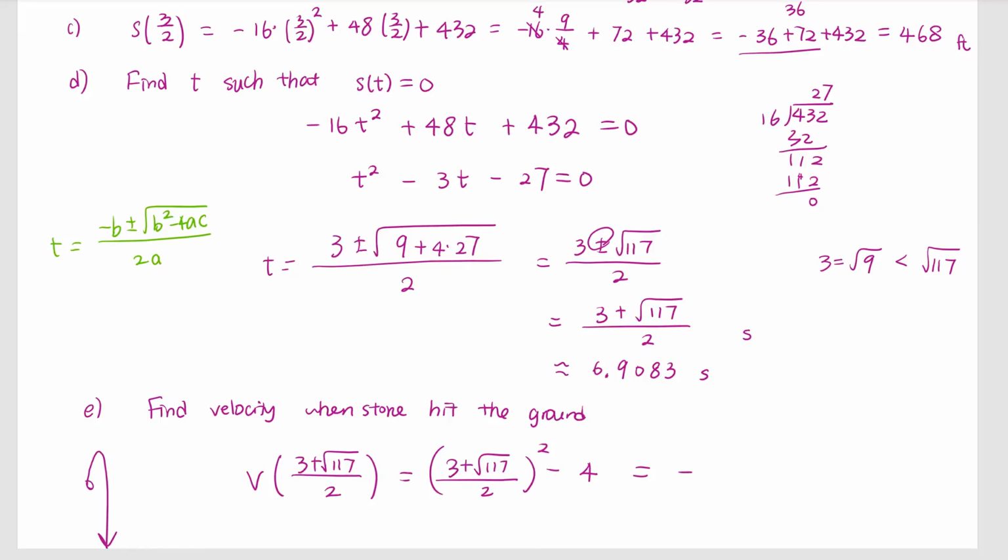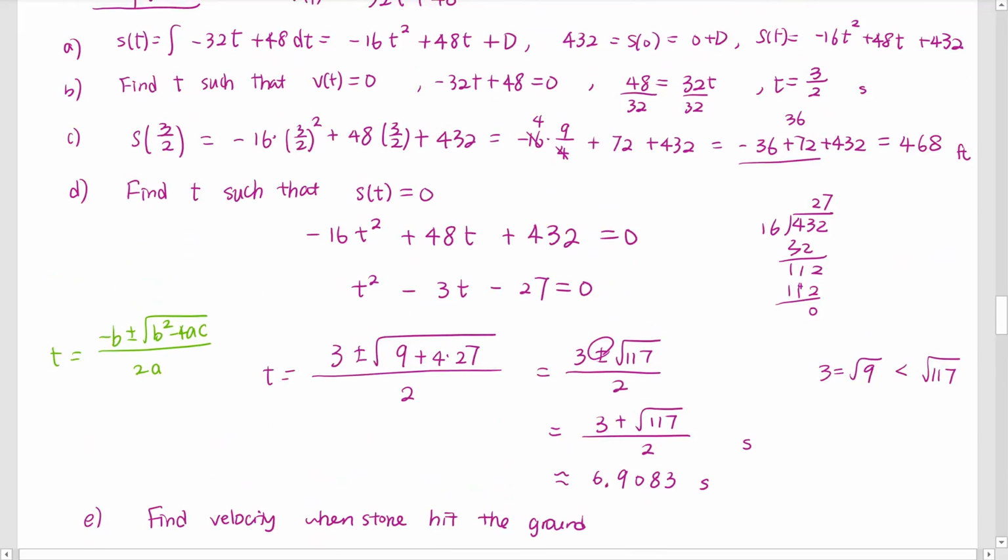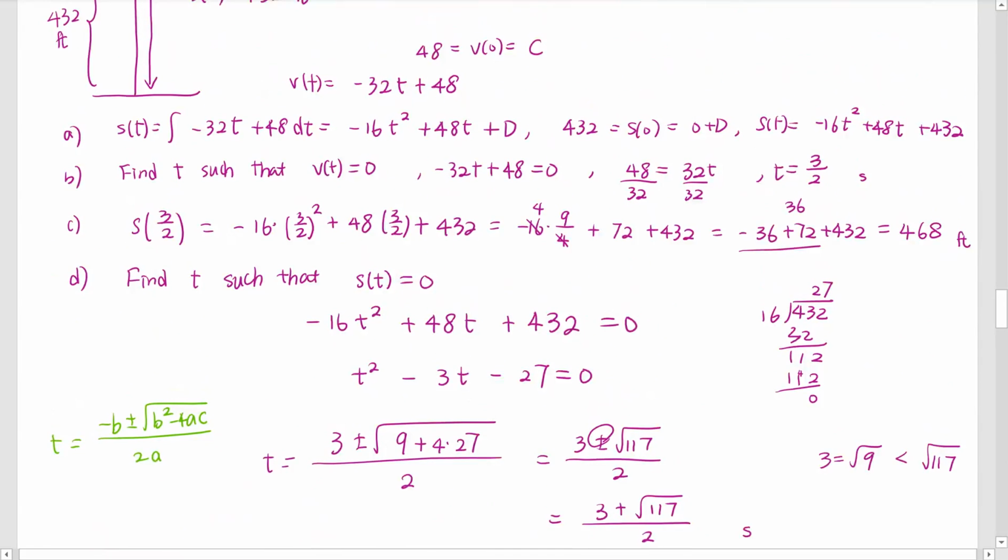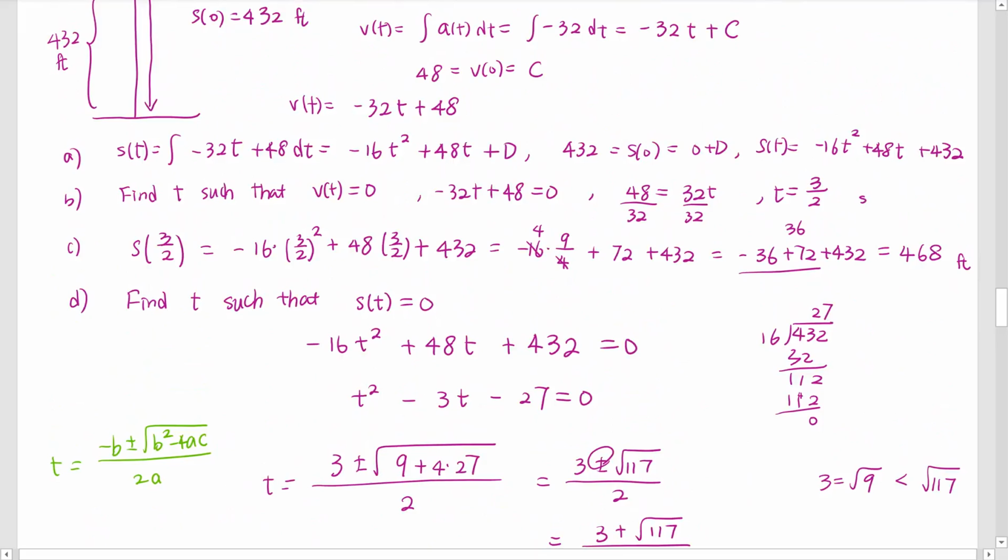Okay, so here I allow you to use your calculator. So this guy squared minus 4. Let's see. Velocity. Oops, sorry. I used the velocity of my previous problem.